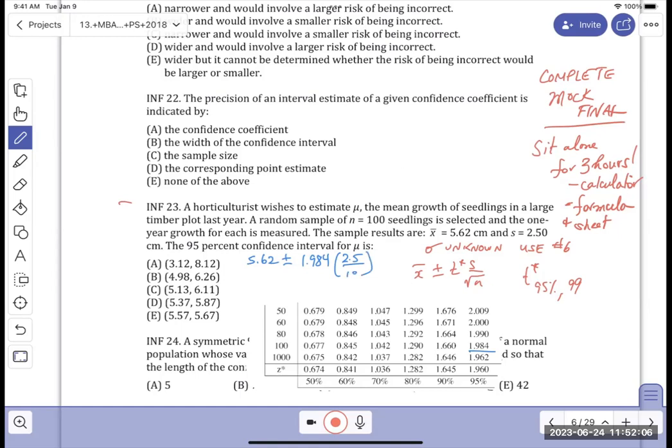So your margin of error is very small. It's 0.496. So check on the left and on the right. So I get 5.13. It looks like it's this one if I do that.